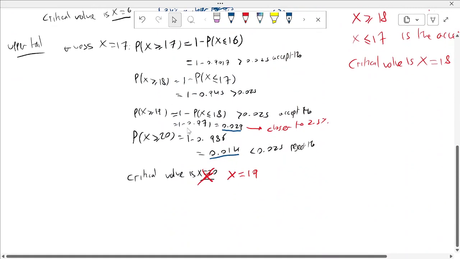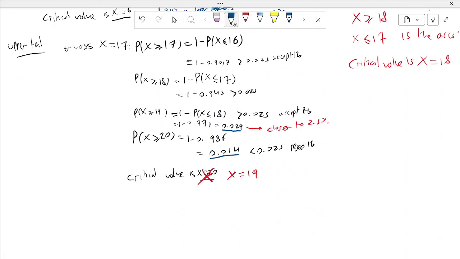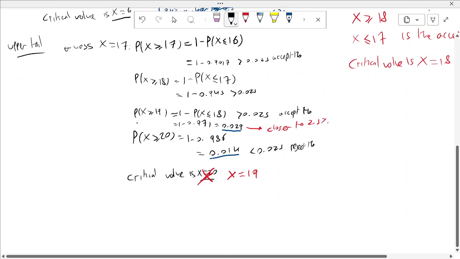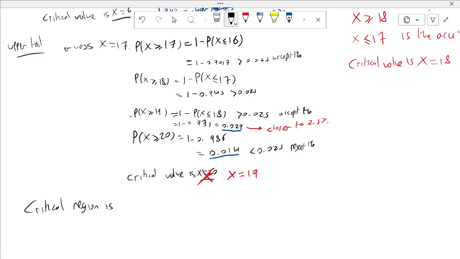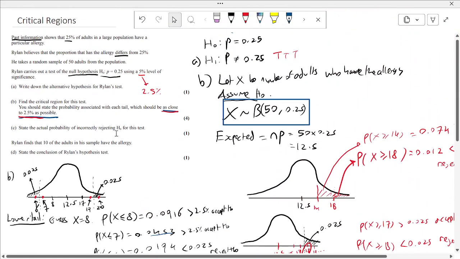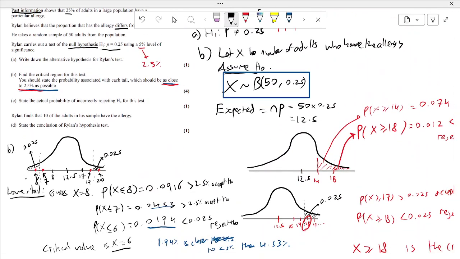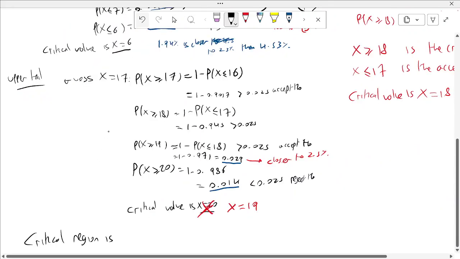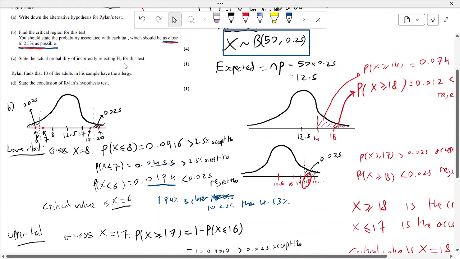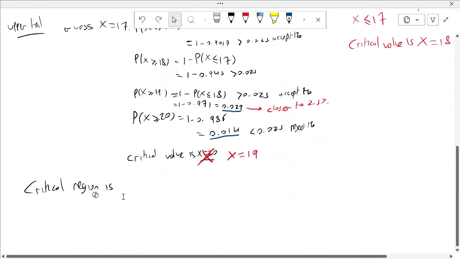So, now I can state my critical region finally. I've done all my work. The critical region is, on the lower tail, 6 and below. And on the upper tail, not 20 and above, but 19 and above, because of this thing about being as close as possible.